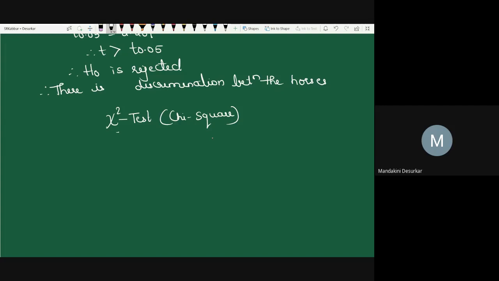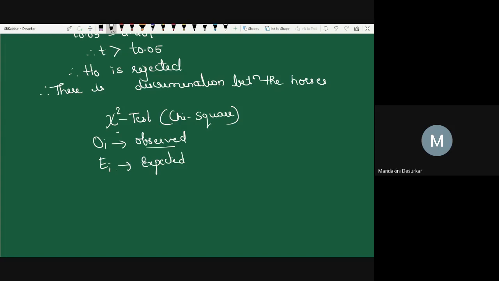Now, as I said, it will fit a proper distribution. When I talk about distribution, I'll have frequency. With this chi-square, there are only two things that I need: the observed frequency and the expected frequency. OI stands for observed, EI stands for expected frequency.